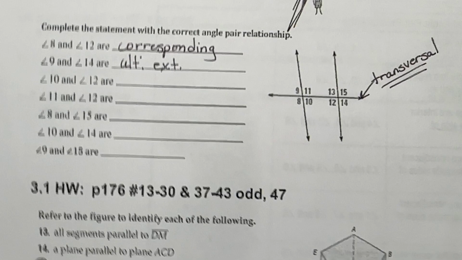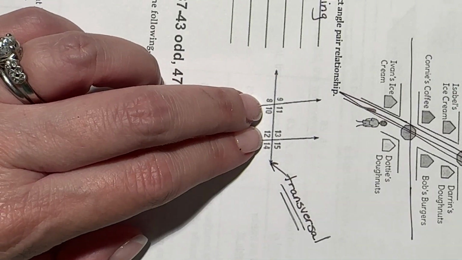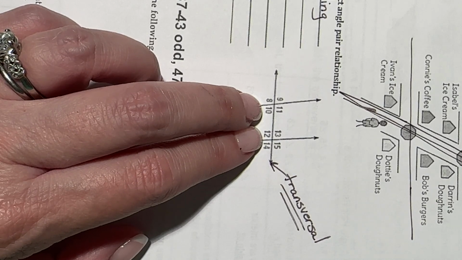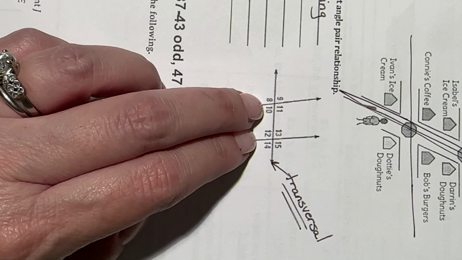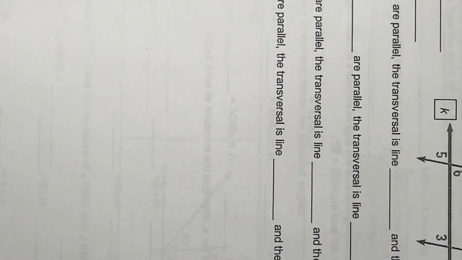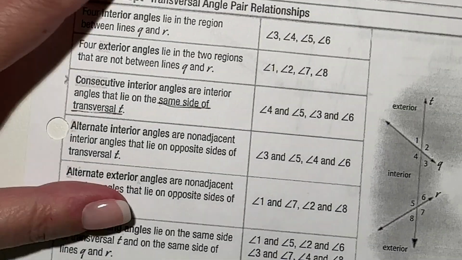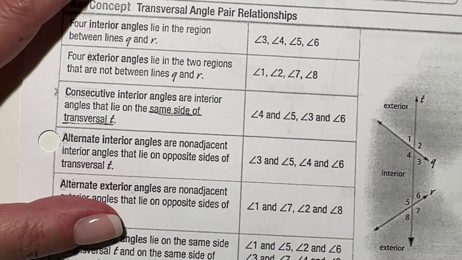All right, let's take a look at 10 and 12. So 10 and 12 are on the same side, so it's not alternate interior. Okay, because that would be like on opposite sides. So let's go take a look and see what our options are. So remember, we wrote them all down here. So here's alternate on the same side. Those are called consecutive.